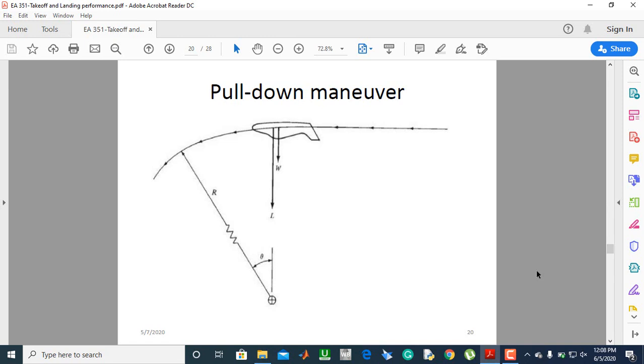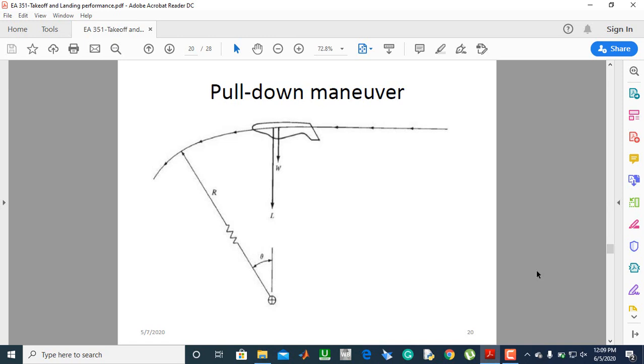But look at this military aircraft, which can do some somersaults, where it flies upside down, and the lift and the weight will be acting in the same direction, that is vertically downwards.